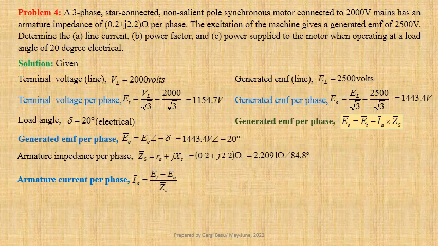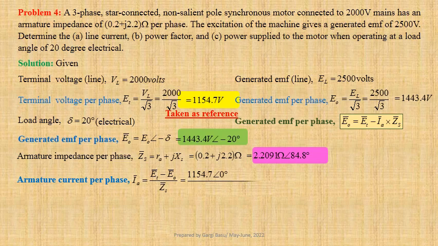Taking terminal voltage per phase ET as reference, we get IA equals 1154.7 at an angle 0 degree minus 1443.4 at an angle minus 20 degree divided by 2.2091 at an angle 84.8 degree.